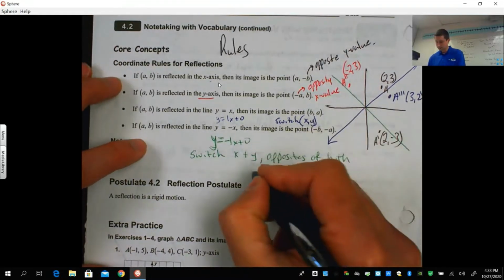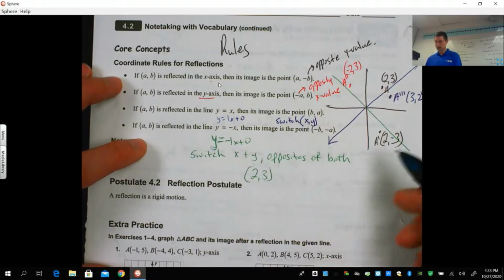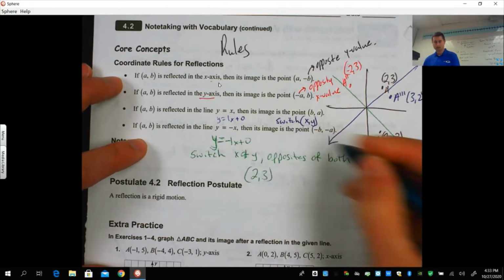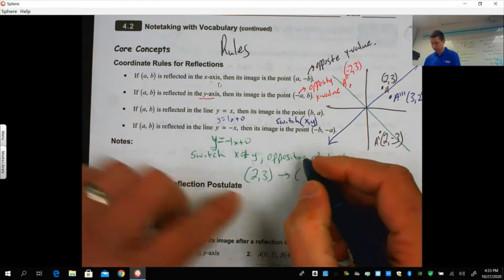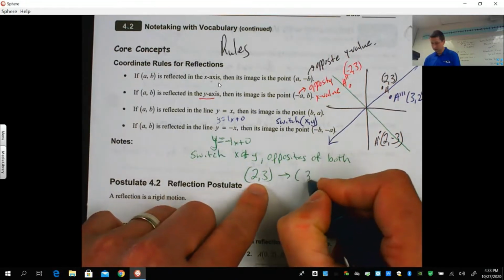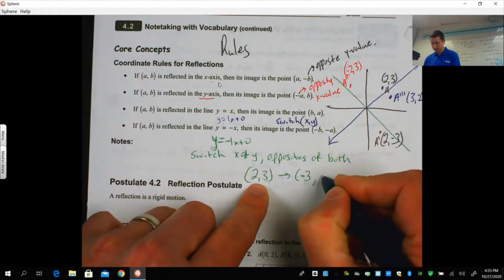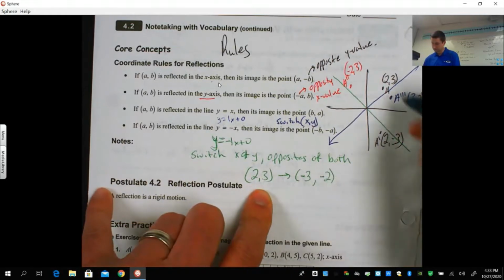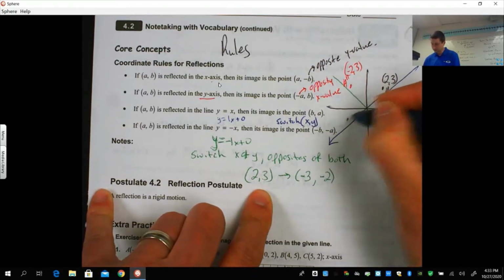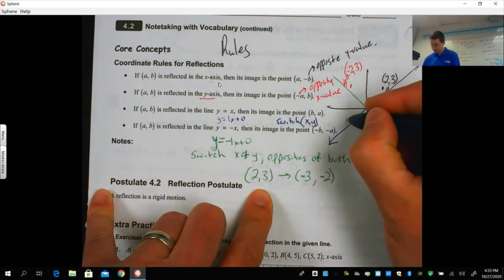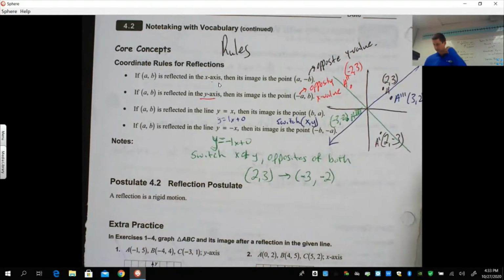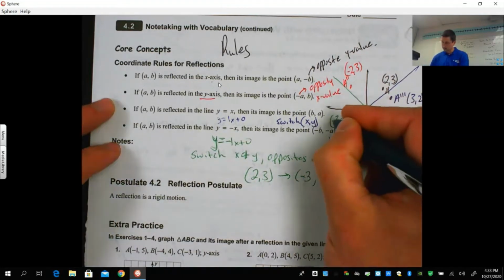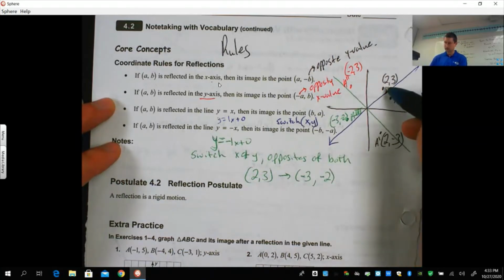So if I have the point 2, 3, we're switching x and y, and taking the opposites of both. So the 3 now is in front, that would be negative 3, and the 2 is in the back, that will be negative 2. So negative 3, negative 2. I'll call that A to the 4th prime. Okay. So negative 3, negative 2, that would be reflected over the green line there.